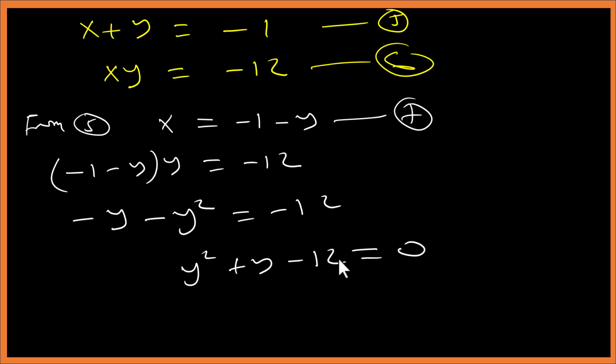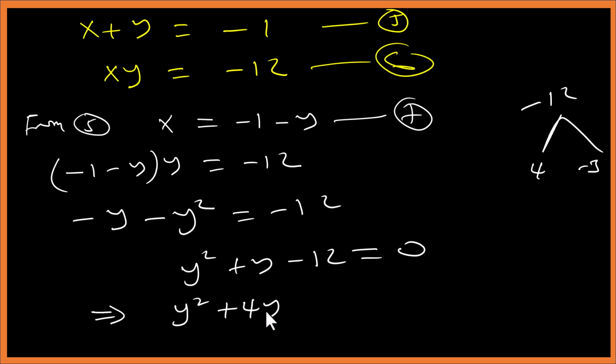So this one is a quadratic. y squared plus y minus 12. So we need two numbers that multiply to give us -12 but add to give us 1. So 4 and -3. So that will make this side y squared plus 4y minus 3y minus 12 equal to 0.